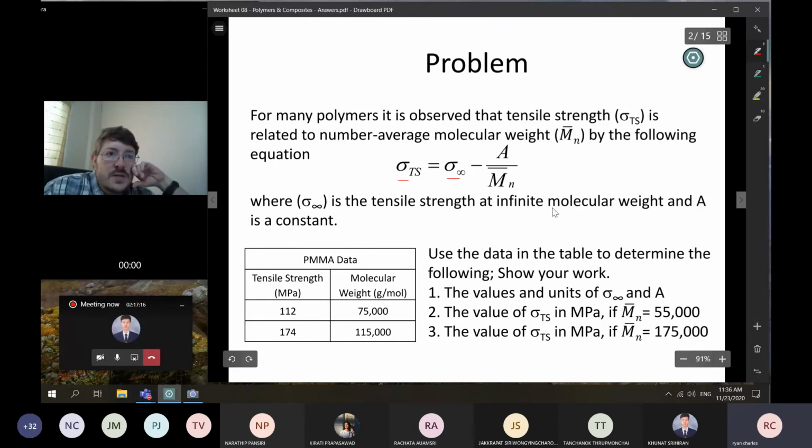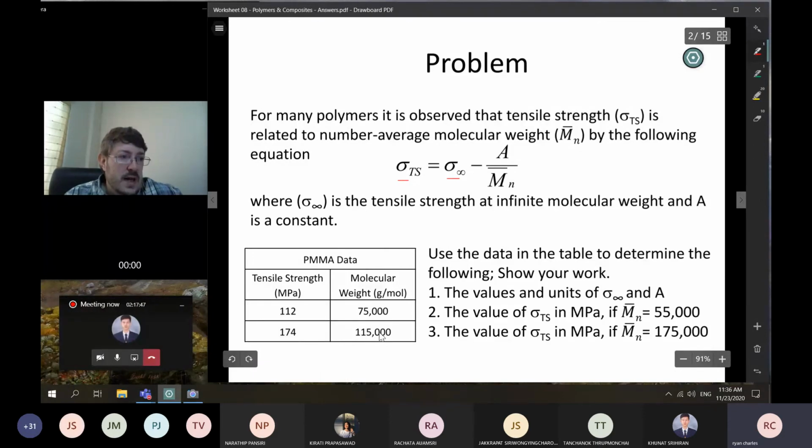So sigma infinity is the tensile strength at infinite molecular weight, that sounds logical, and A is a constant. Use the data in the table to determine the following. Show your work. Here's PMMA, polymethyl methacrylate. Tensile strength, 112, 174. Molecular weight, 75,000 grams per mole, 115,000 grams per mole.